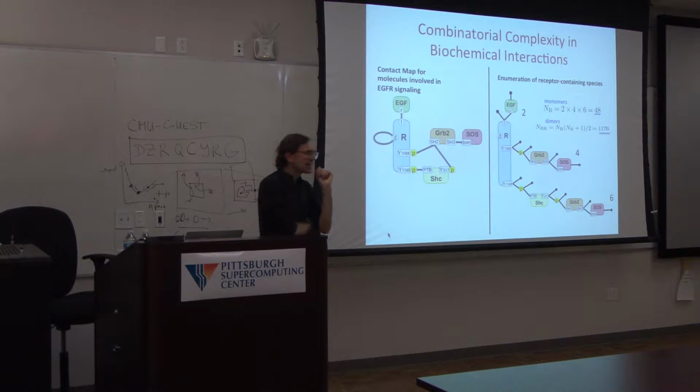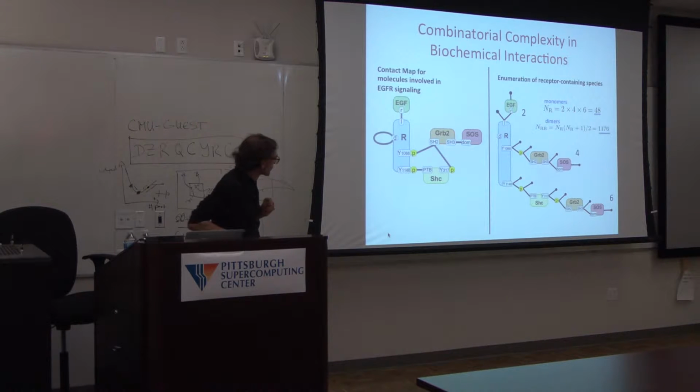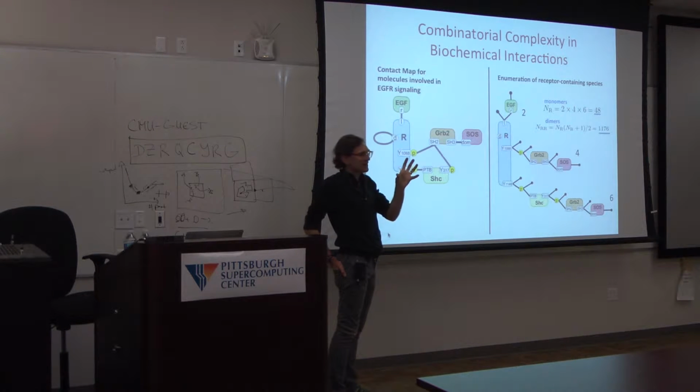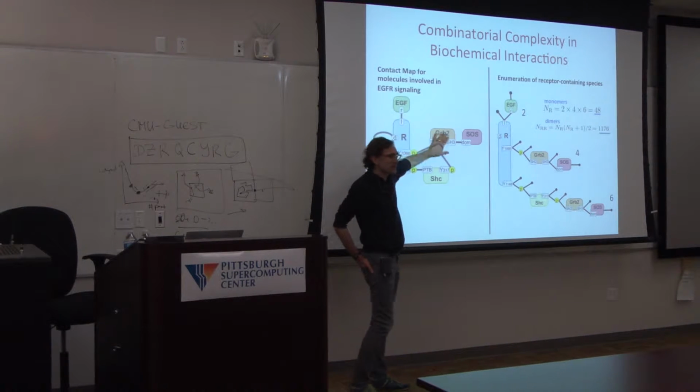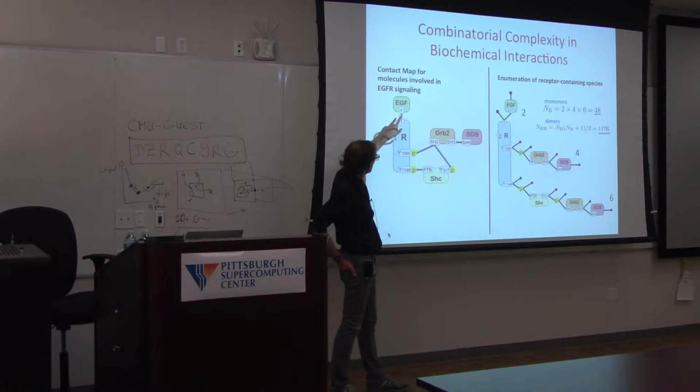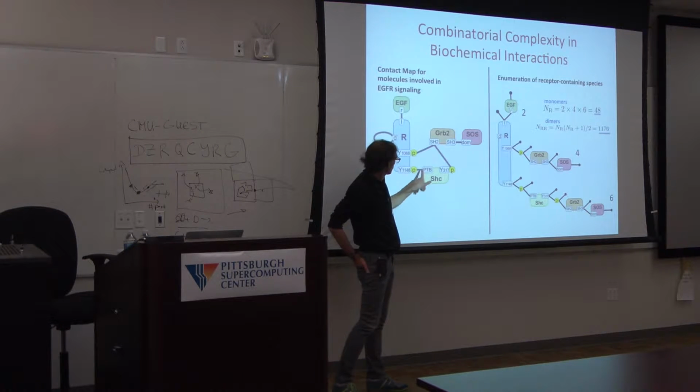So that's not necessarily true, because it would be true if we knew all the context, right? If we knew how every site of a given protein interacts with every other site of the protein. But when we look at this kind of representation of the interactions in the biochemical network, we basically have parameters describing each of these interactions, right?